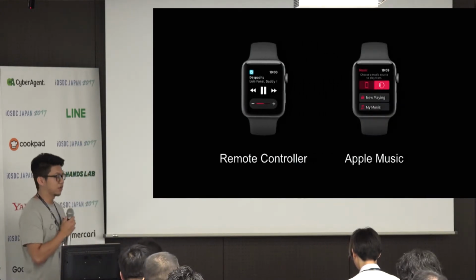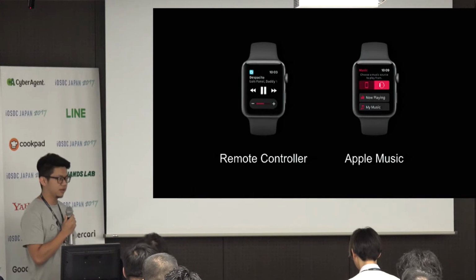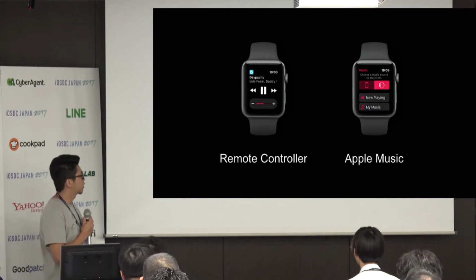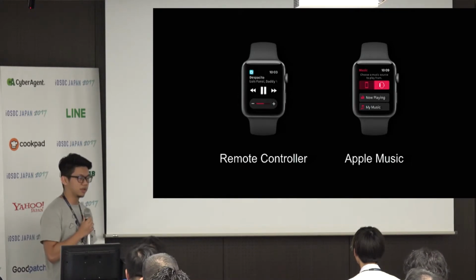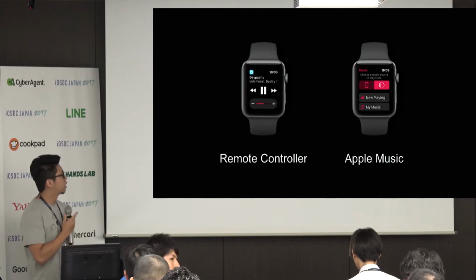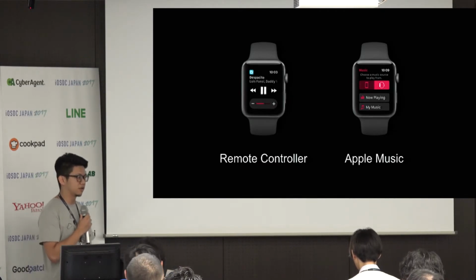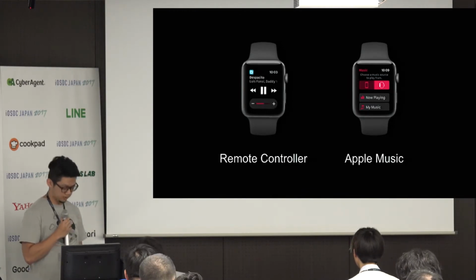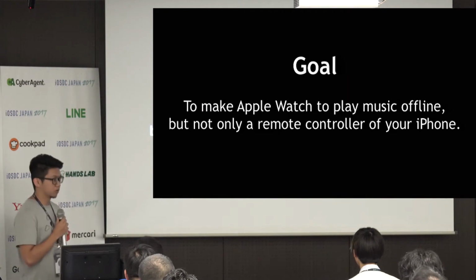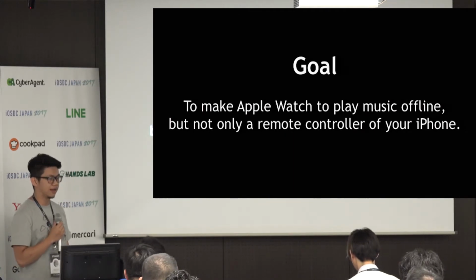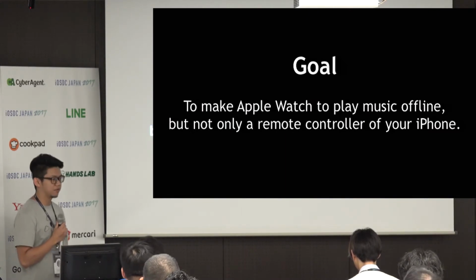Or you can subscribe to Apple Music, and then you can not only remote control the player on your iPhone, but also play the music on your Apple Watch without connecting to your iPhone. But with Apple Music, there is a storage limitation, and you can only sync one playlist. So today, we are going to make Apple Watch play music offline, not just as a remote controller of your iPhone.